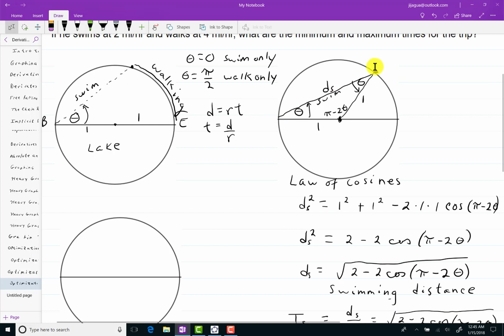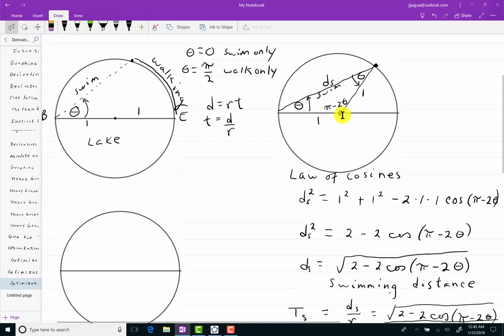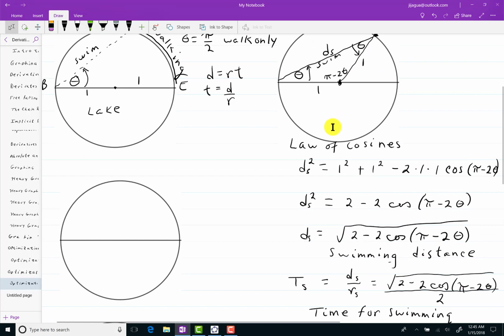Then for the rest of the way, he's going to walk. So let me draw a new picture with the walking part. I'll go like I did before. I'll put a dot in the center. This is supposed to be where the center of the circle is. And I'll try to mimic what I saw over there. So now this is going to be d sub w, the walking distance.